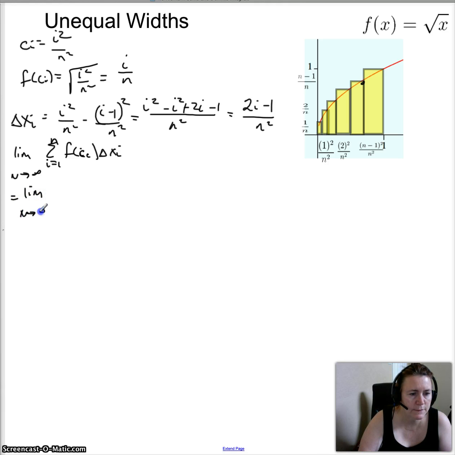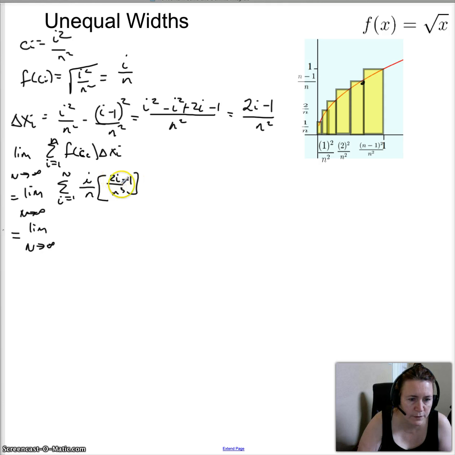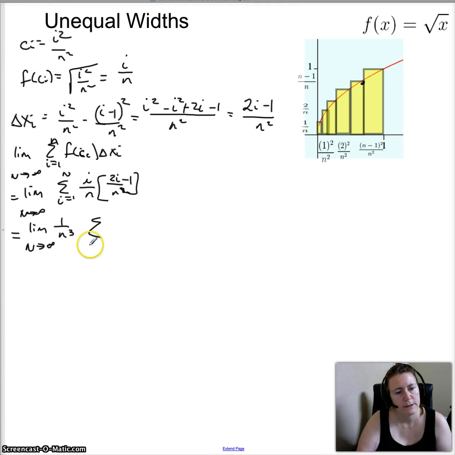As n goes to infinity of the summation i equals 1 to n, f of c sub i is i over n, delta x sub i is 2i minus 1 over n squared. Let's rewrite this as the limit as n goes to infinity of 1 over n cubed times the summation from i equals 1 to n of 2i squared minus i.